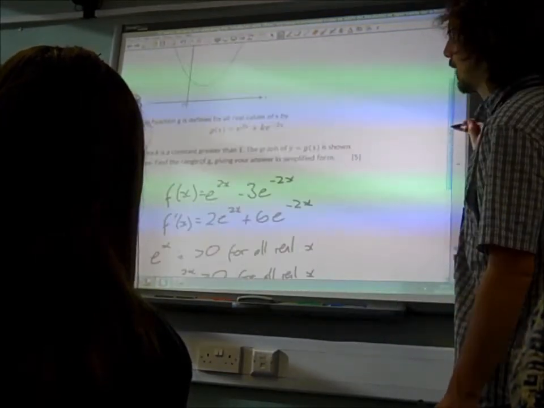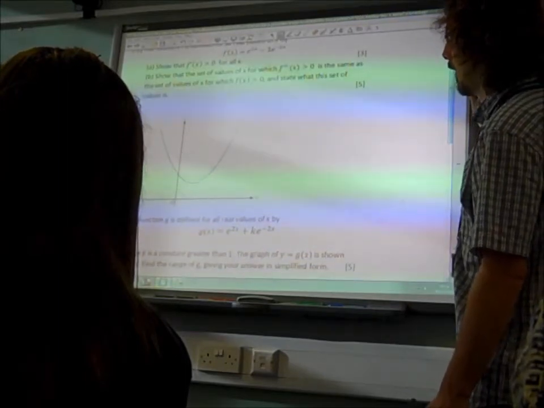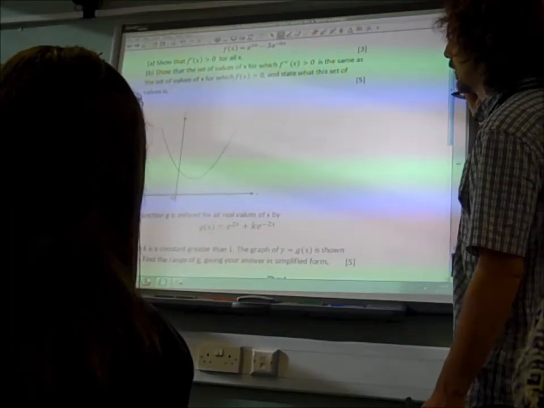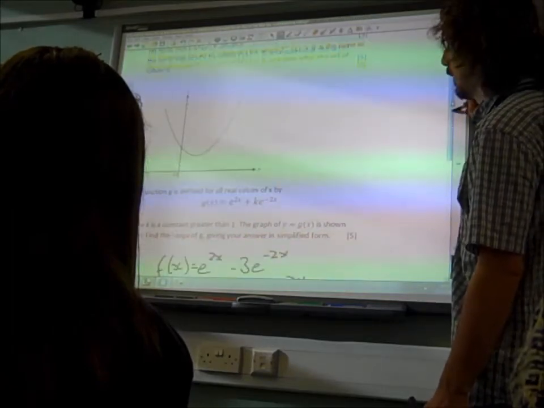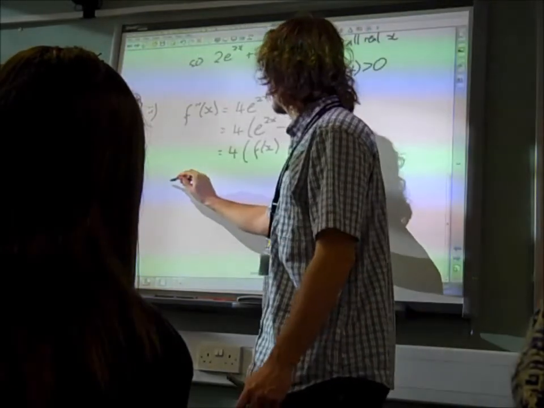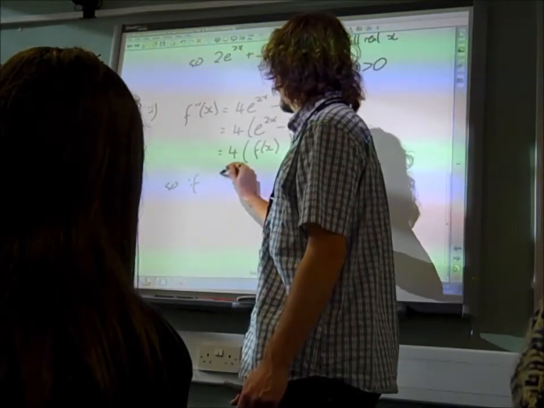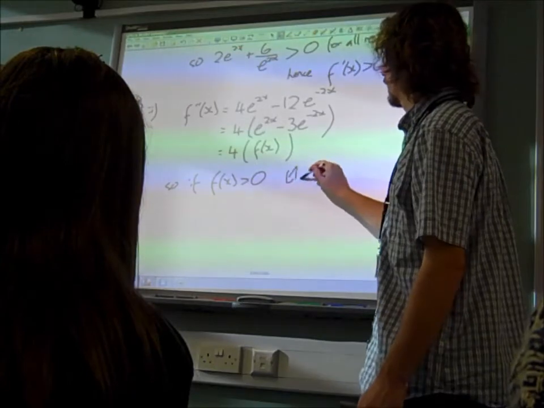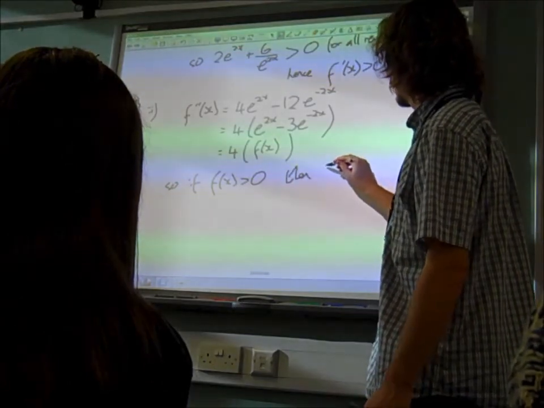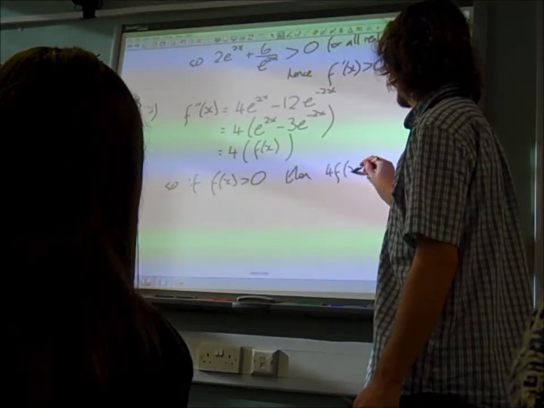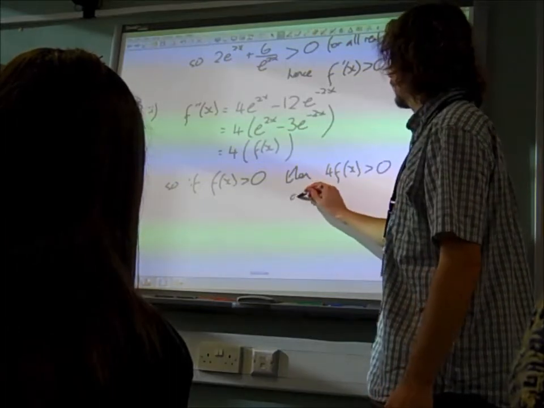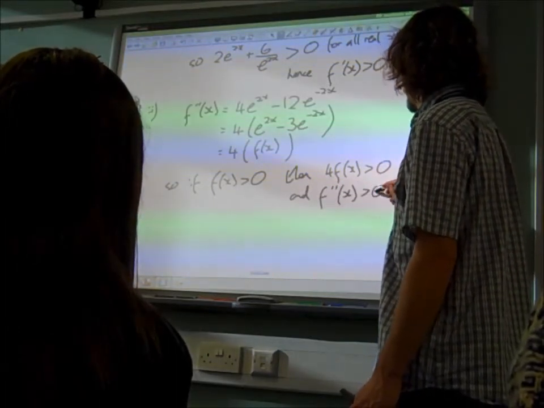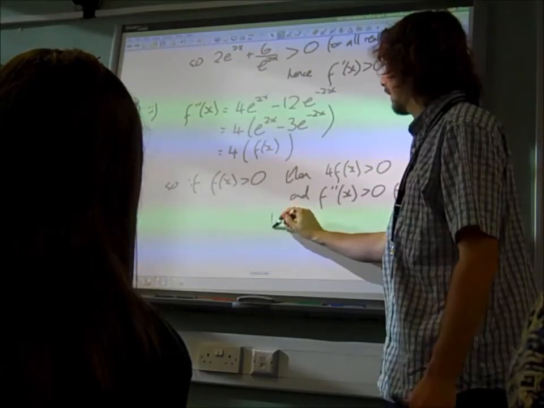Therefore, what we can say from that is that the set of values would be the same, wouldn't it? If f of x is greater than 0, then 4 times f of x is greater than 0, and that is greater than 0 for the same set of values.